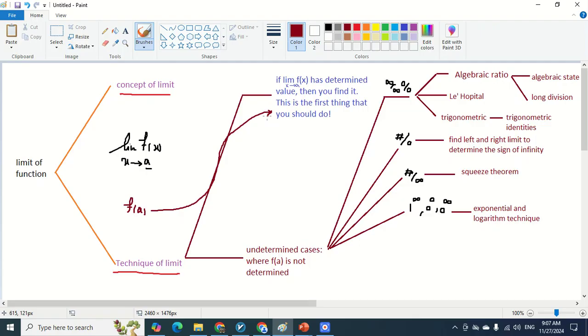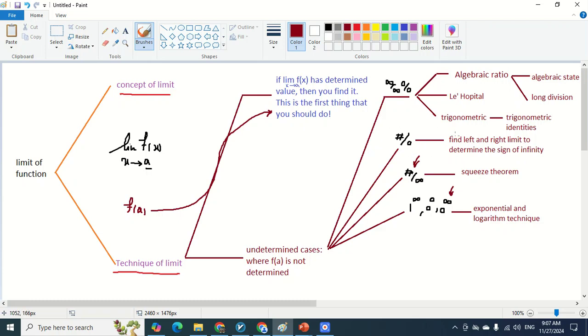If you have 0 over 0 or infinity over infinity, then we have some types of undetermined cases. If we have a number over 0, we have another type of undetermined case. Or if we have a number over infinity as well, we have undetermined cases. And also there are some exponent cases that are undetermined situations.